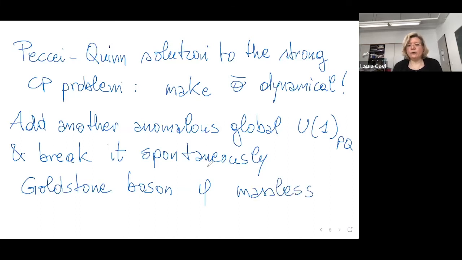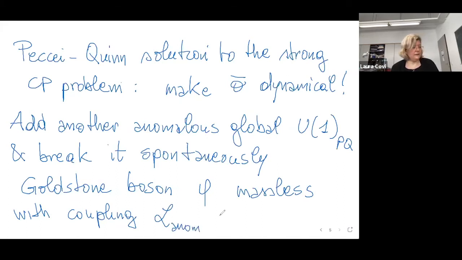And this Goldstone boson, since the symmetry is anomalous, will also couple to the same term, GG dual. So you would have, in some sense, apart from the theta, the Lagrangian, you also have this additional term, which comes from the fact that this U1 is anomalous.